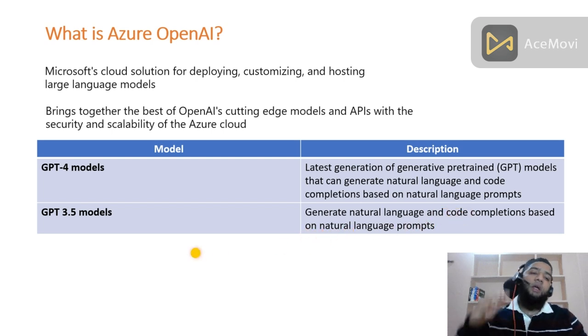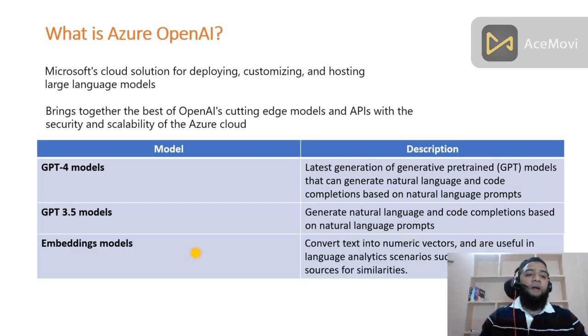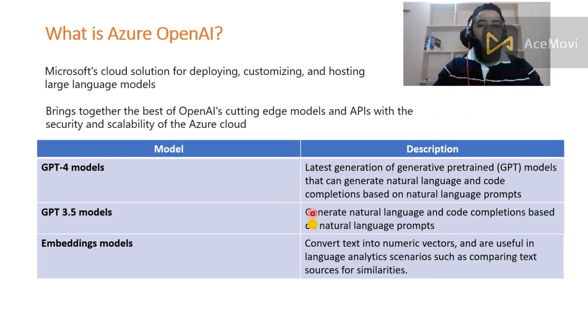It does the same function, but GPT-4 is a bit more advanced than GPT-3.5. And then embedding models. As we know, these models convert text into numeric vectors, as we have seen in the previous slide. There is a separate model that can help you accomplish this task, and it is useful in language analytics scenarios such as comparing text sources for similarity.